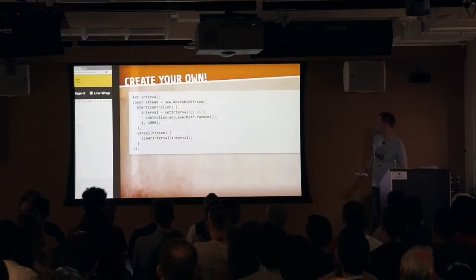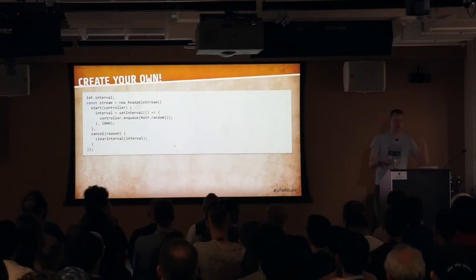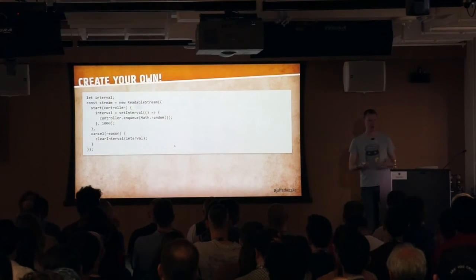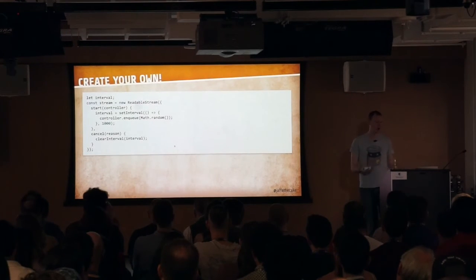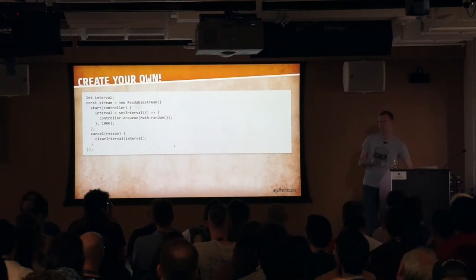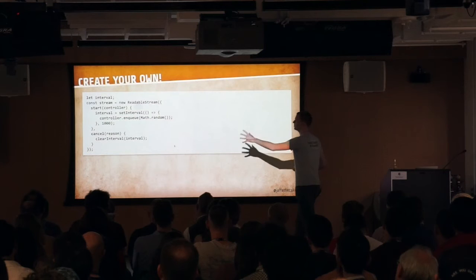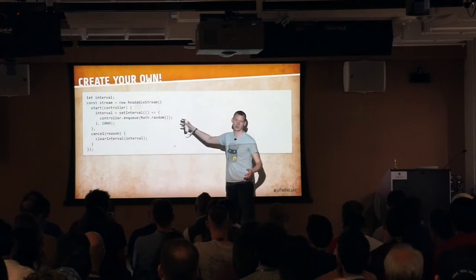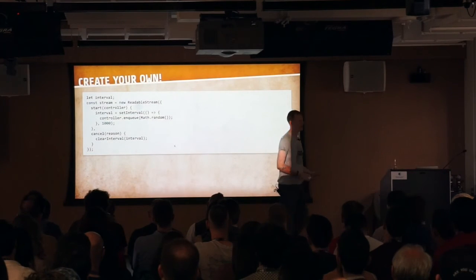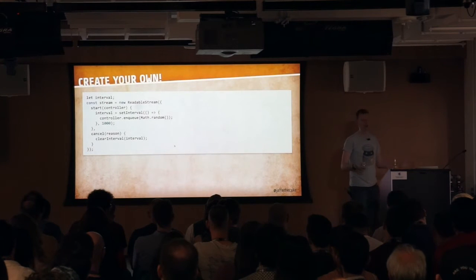So this is a push stream, in that we are pushing values into the stream, whether people are reading it or not. And this has the unfortunate effect that if no one's reading the stream, these values are just going to be buffering up in memory, waiting to be read, and eventually will cause memory problems.